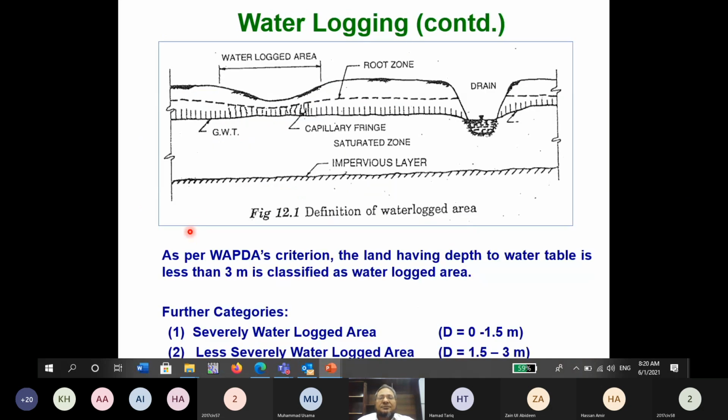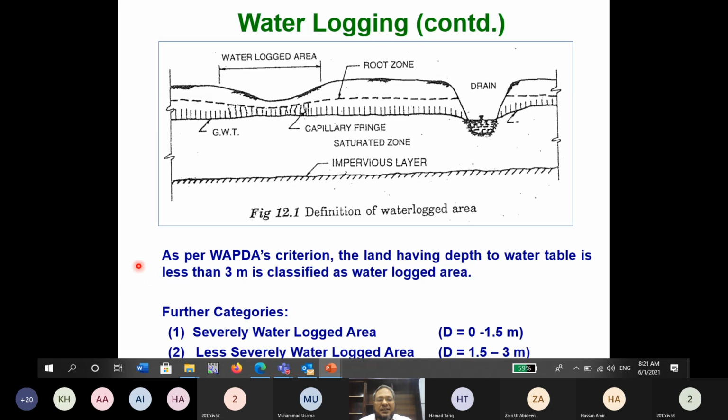So in this figure, you can see this is the ground level, this one is the root zone of the crops, and this is the groundwater table. The water table is coming very close to the root zone, and this may cause a waterlogged area. So this area is a waterlogged area.